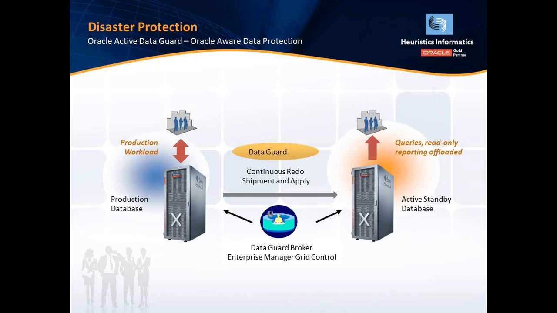While that does not happen, when everything is working just fine and your production database is running, you can at the same time, for additional availability features, segregate your workload between the production and the standby database. Your production workload, as in the transactional features of your application, can be running on the primary production database, whereas read-only queries and reports can run on your active standby database.